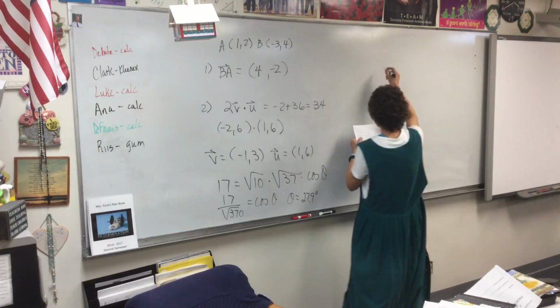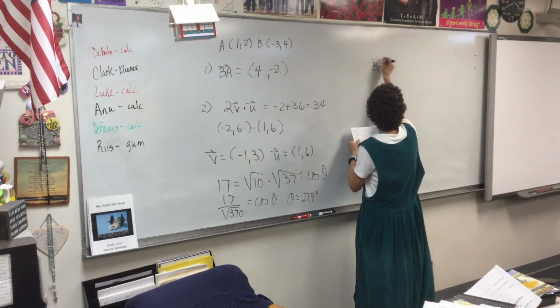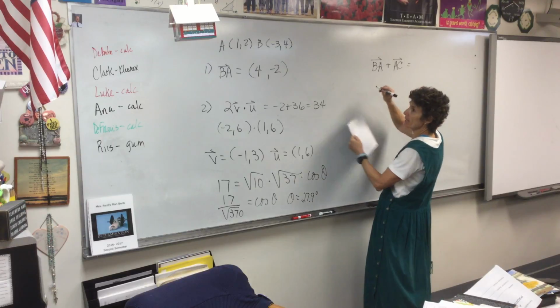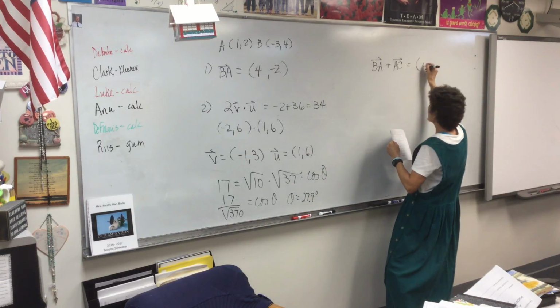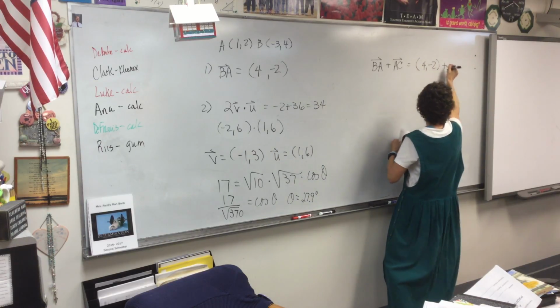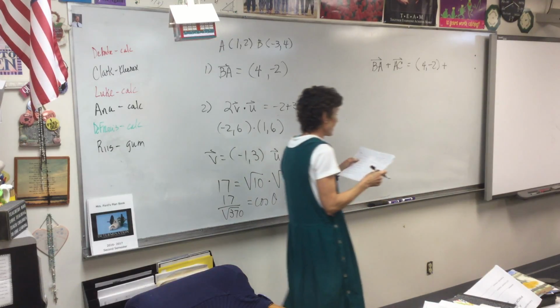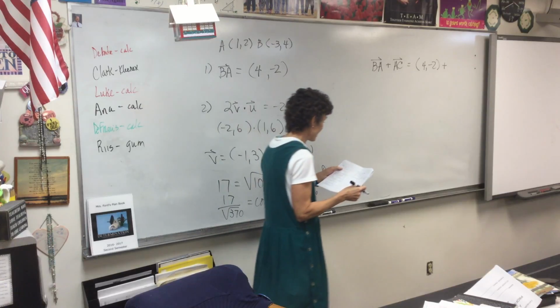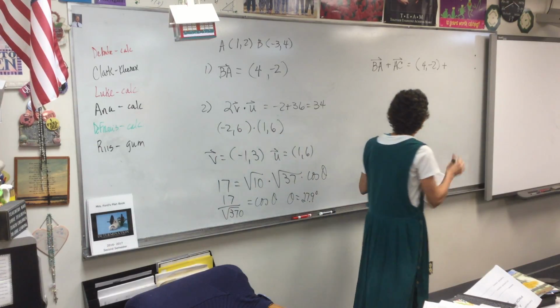Number 4. We're going to add VA plus AC. Now, did we already find VA? I think we did. So we're adding 4, -2 to AC. So what is AC?